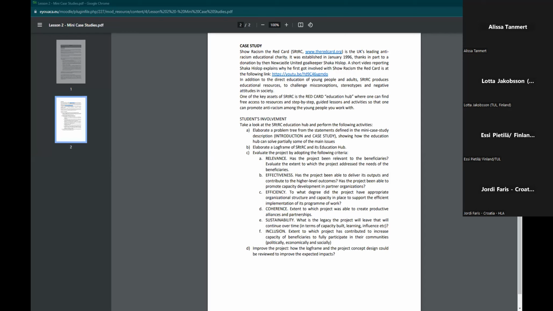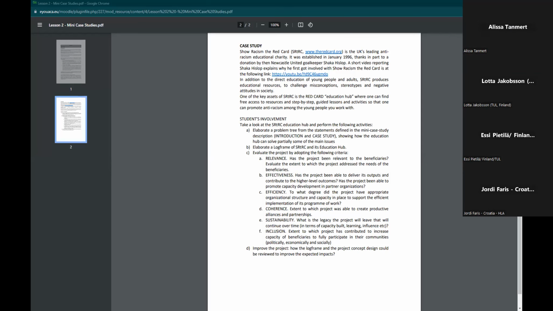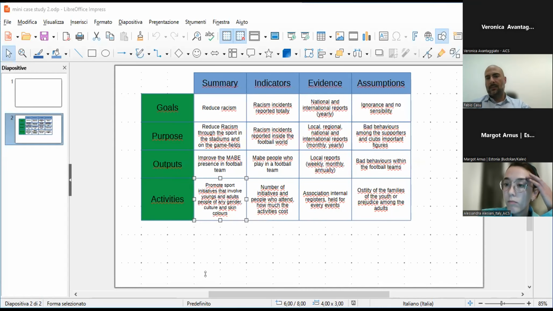Okay. So guys, what do you want to add to what I said? If you want to add something. Output number one, that output is related to that activity. In this way, you can link them for the log frame. Okay.